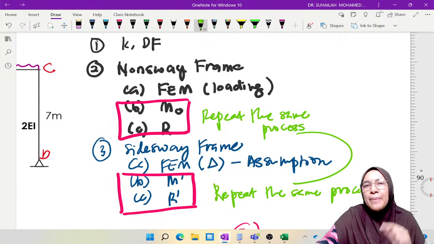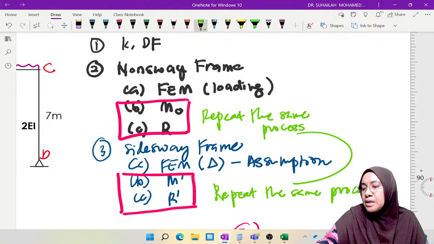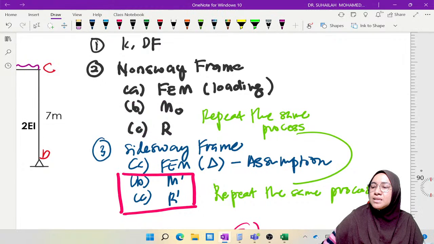For FEM due to delta, which is based on assumption, kita ganti je FEM dalam table tu. So kita akan dapat M prime directly. Of course R prime kena do some calculation, tapi dia exactly repeat balik proses yang kita buat untuk dapat R ni.